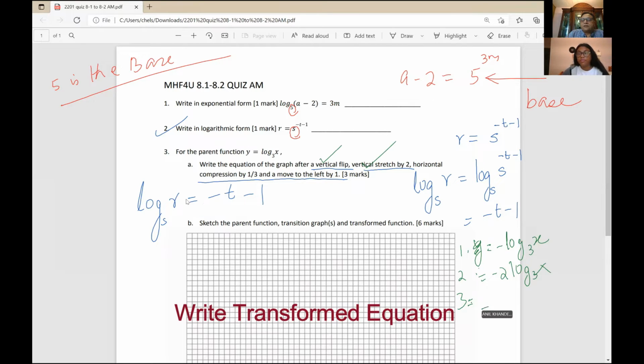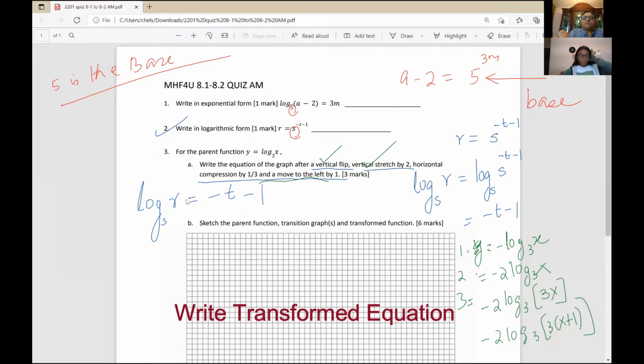So we already have minus 2 log to the base 3 of, when it is horizontal compression, it will flip, 3x. You see that? 3x. Yeah. And then move to the left by 1 unit. Left means horizontal, right? So it means minus 2 log to the base 3 of 3 outside, x plus 1, correct? Yeah. So those are the required transformations which will give you the equation.